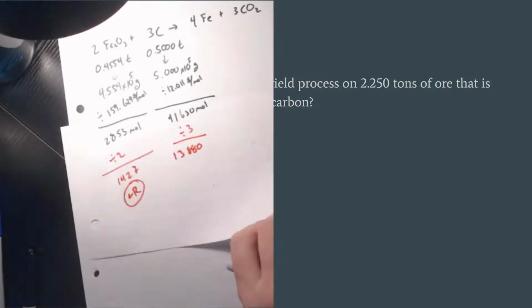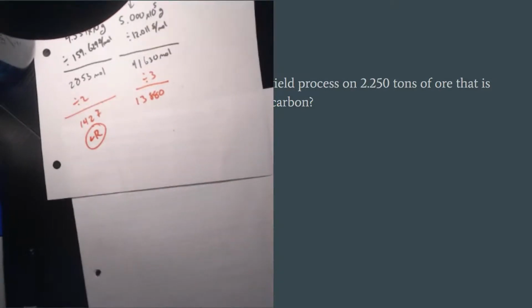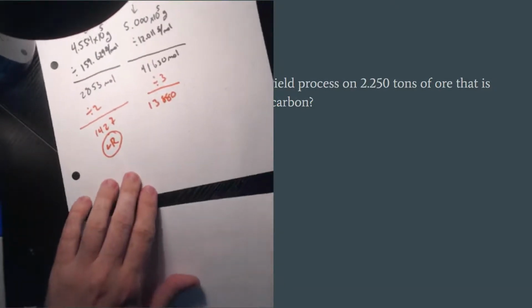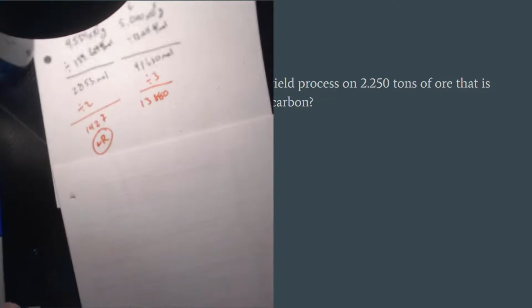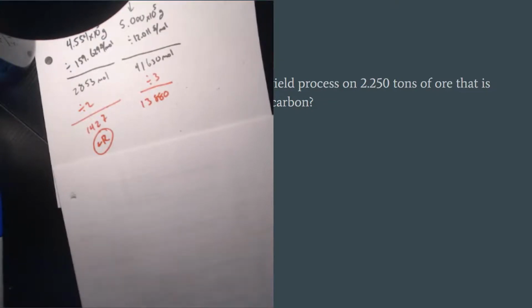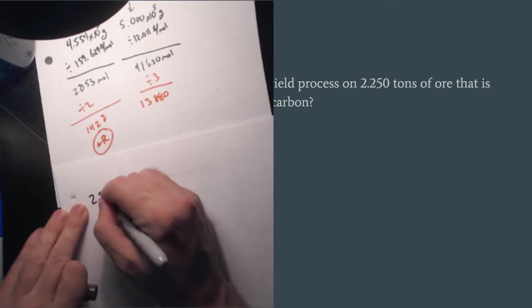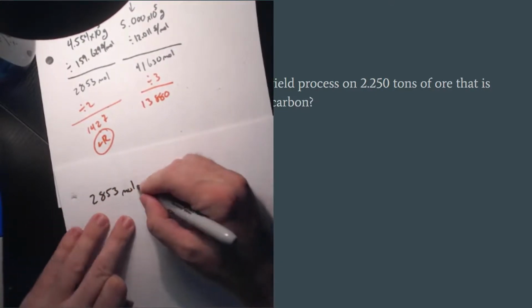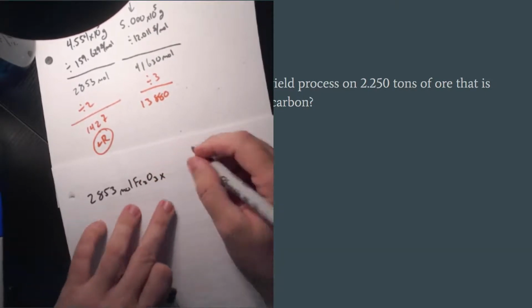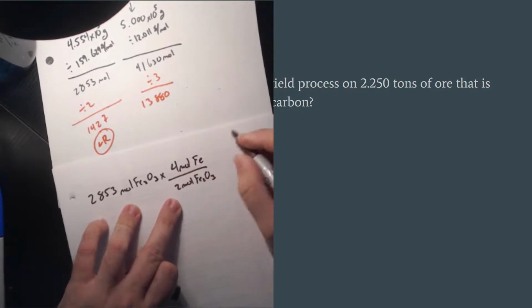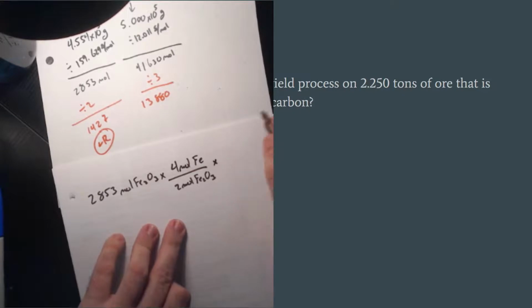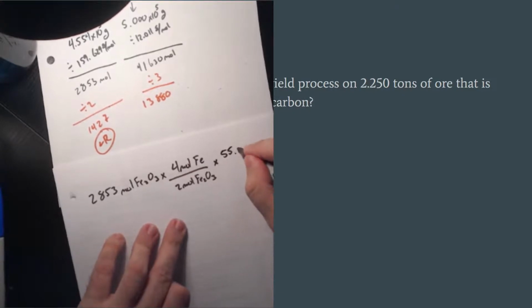All right, so now that we have our limiting reactant, we can go ahead and calculate the theoretical yield. 2,853 moles of iron 3 oxide times 4 moles of iron for every 2 moles of iron 3 oxide, times 55.845 grams of iron for every 1 mole of iron.